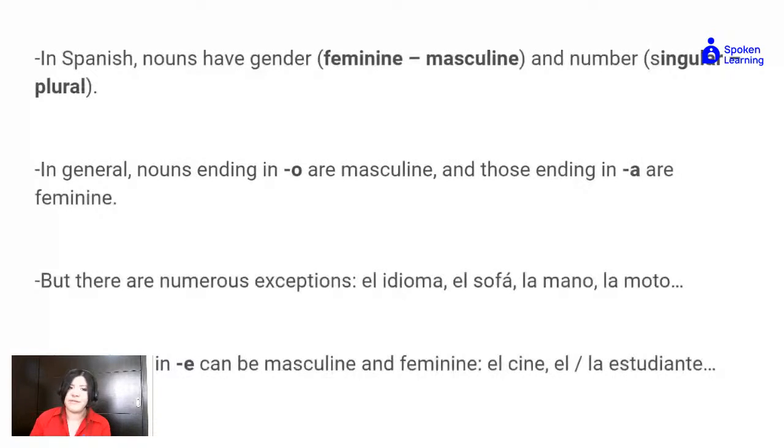We don't have a specific rule to do that, only with practice. Entonces, algunas palabras que terminan en E, estas excepciones pueden ser o masculinas o femeninas. So some words that end with an E can be masculine or feminine, but you will get used to them and to identify them.